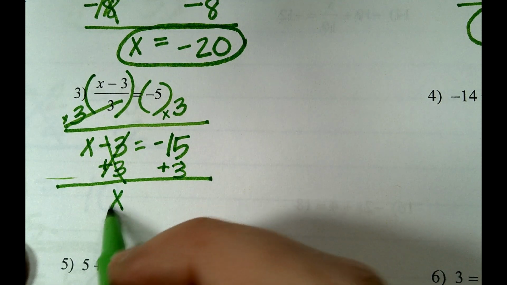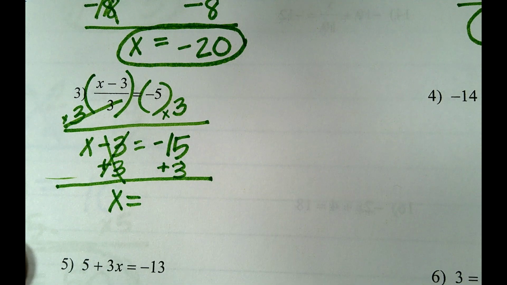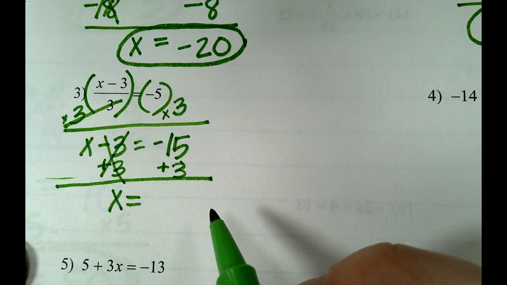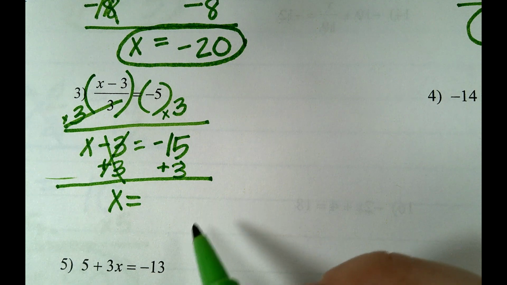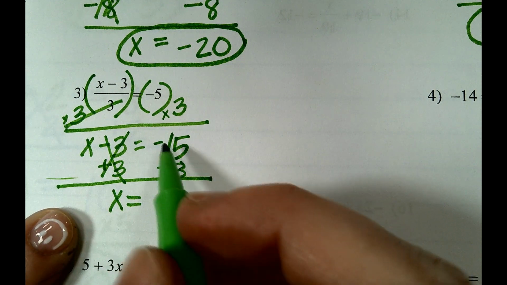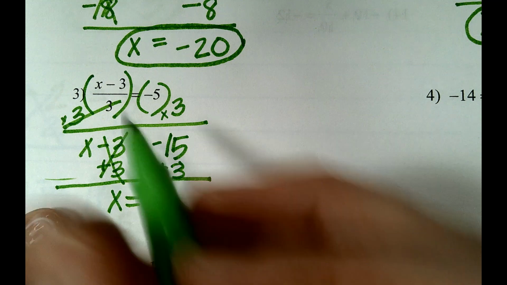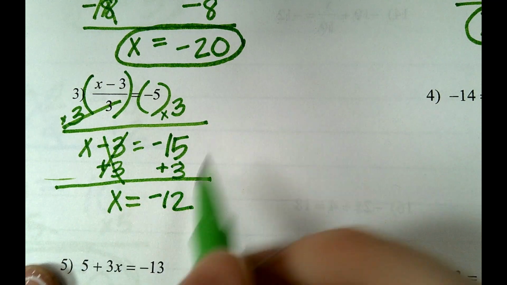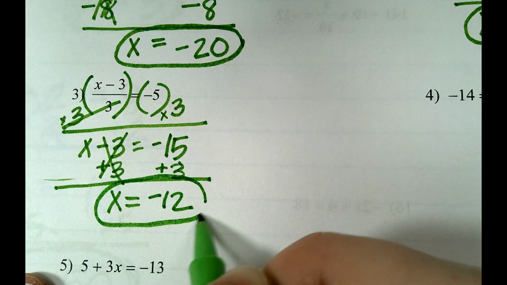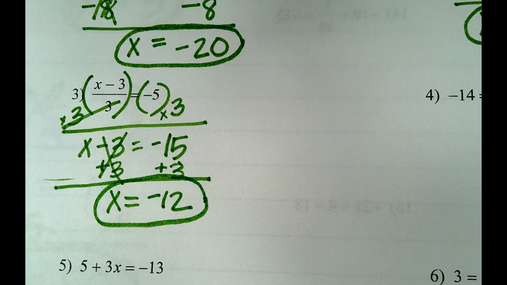And I'll bring down x equals negative 15 plus 3. Almost. It's negative 12. Remember, if we are adding with different signs, we're really kind of subtracting there. So x equals negative 12. Good.